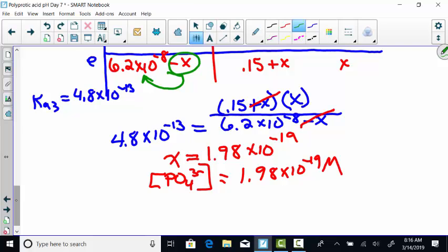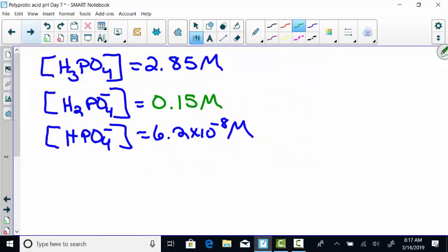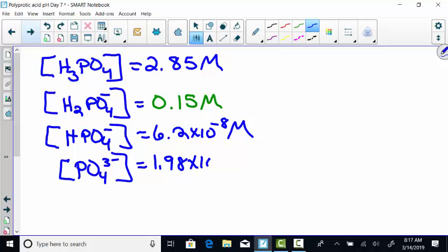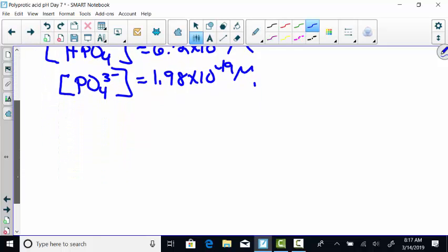So that means I have the concentration of PO4 3 minus, and that concentration now is 1.98 times 10 to the minus 19th molar. So I've done my job where I've found all of the concentrations.